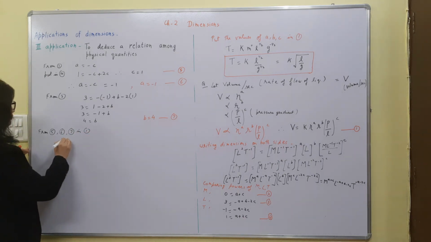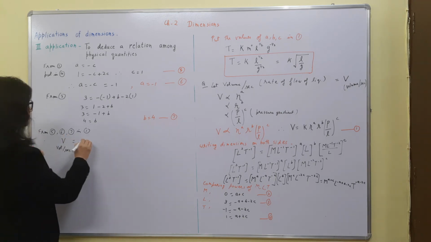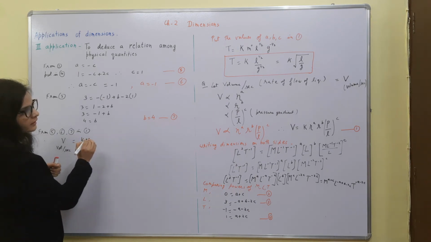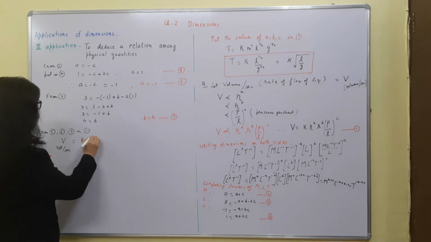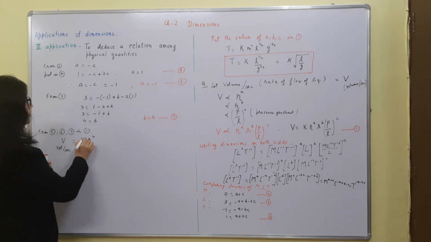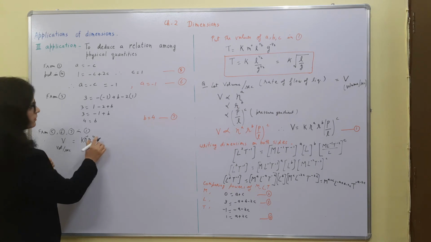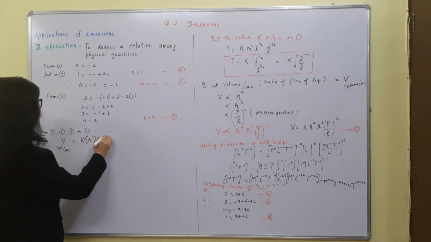We get volume per second is equal to k r to the power b, eta to the power a, that is minus 1, and p upon l to the power c, that is 1.